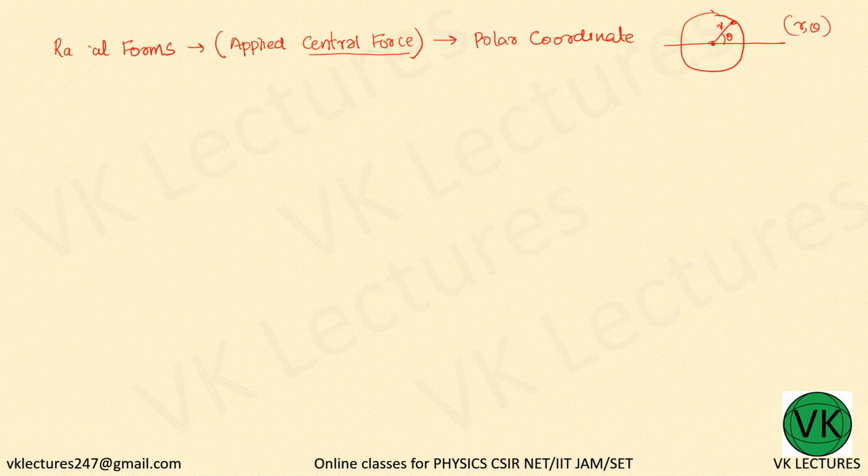Any central force problem can be represented by using the radius and theta, because the central force problem deals with the distance between, or they act along the center of, two masses or two charges or two point particles. That is why they are called central force problems.